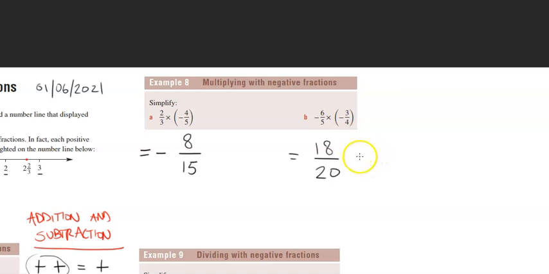Now the highest common factor between 18 and 20 is 2. 2 goes into 18, 9. And 2 goes into 20, 10. So I know that my simplified version of this is 9 over 10.